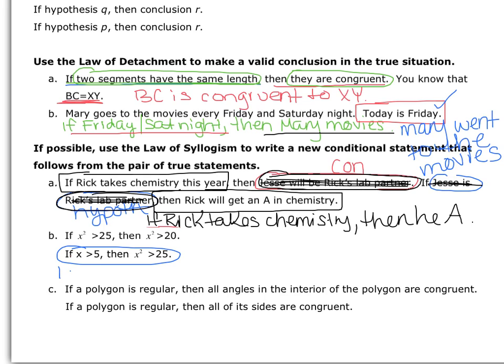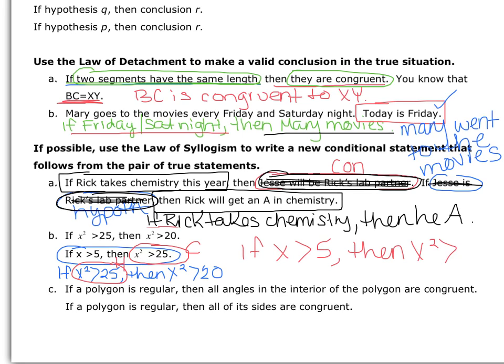Then, if x squared is greater than 25, then x squared is greater than 20. Now the conclusion is repeated as the hypothesis, so you can conclude that if x is greater than 5, then x squared is greater than 20.